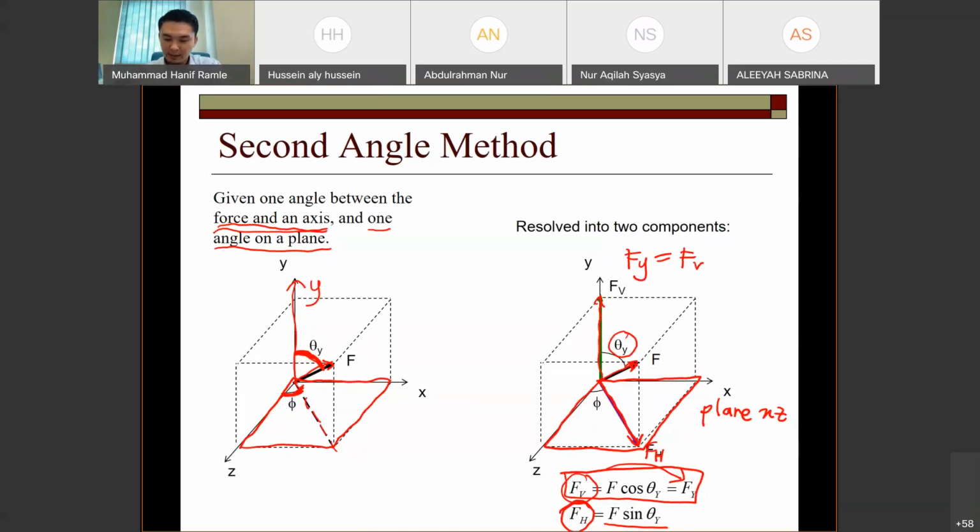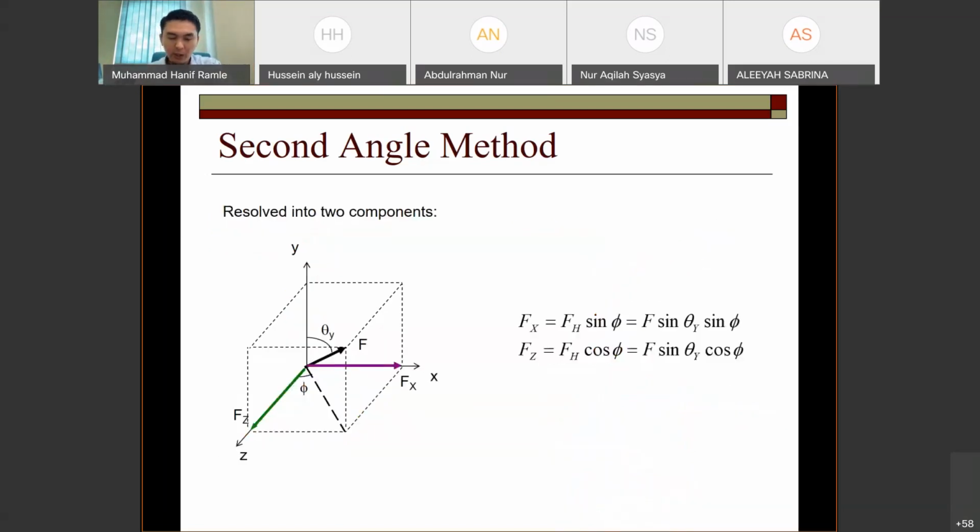For the next step, once you have Fh, you can resolve it again into two components, component x and component z, as shown in this slide. You can use this phi angle to get the z component.